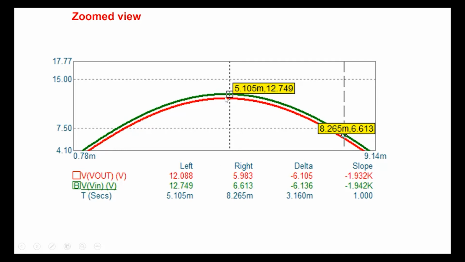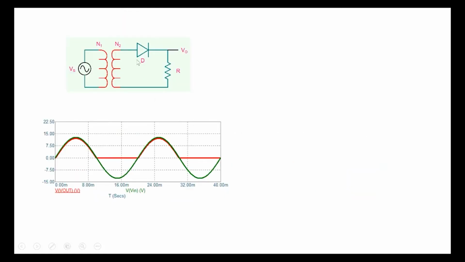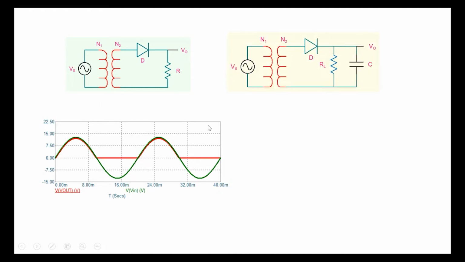All right, so that's a zoomed view of the signals, and so with the transformer we are able to get the output of the right magnitude, and with half-wave rectification we can get this kind of a graph. So the next thing that we have to do is add a filter. In this case the filter that we will look at is a very simple filter where we connect a capacitor.